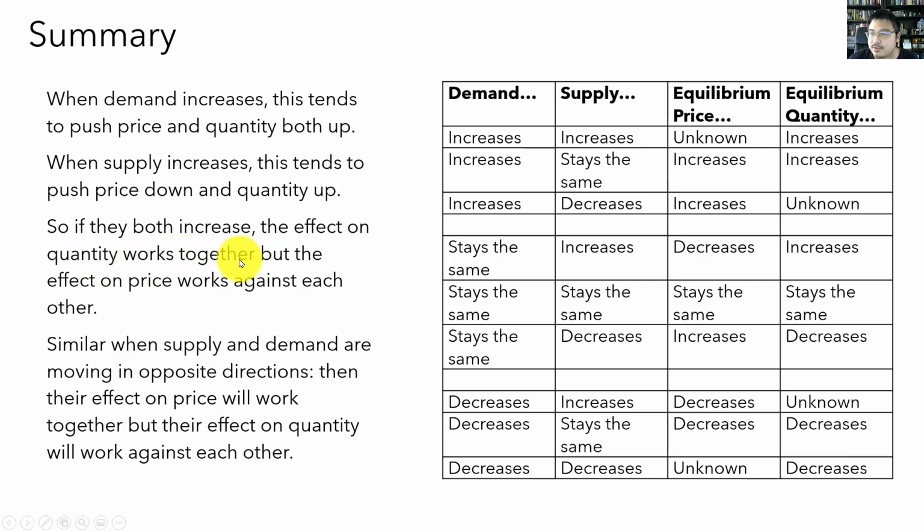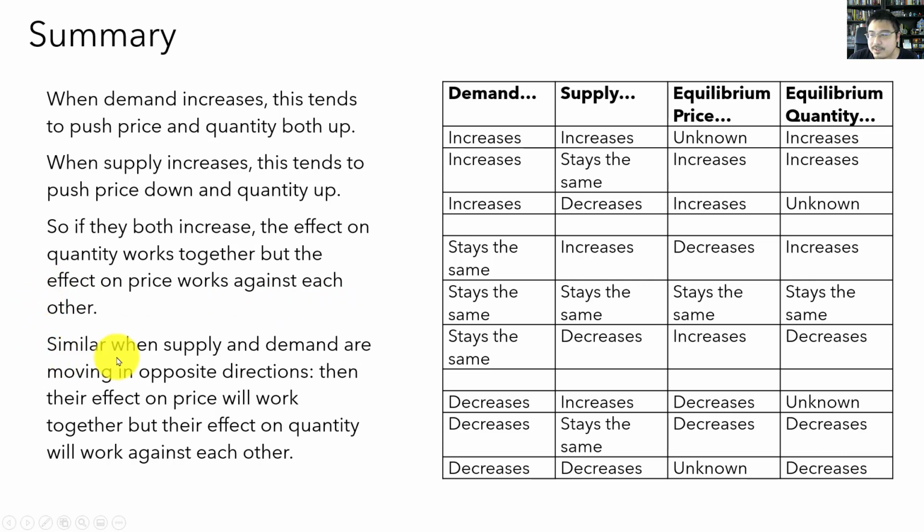They work together to push quantity up. But then the effect on prices actually works against each other, right? The supply increase wants to push prices down, and the demand increase wants to push prices up. And so they can counteract each other. And whether prices go up or down depends on the relative size of the two forces, okay?